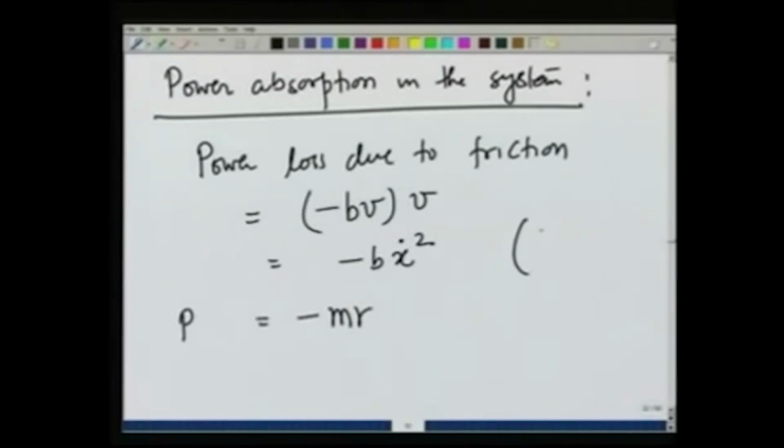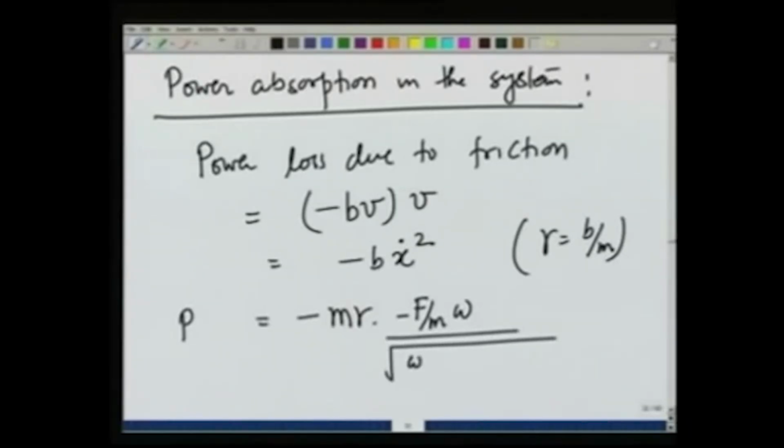Remember, gamma was defined as B over m, times x dot square, which is f over m times omega with a minus sign, divided by square root of omega naught square minus omega square, whole square, plus gamma square omega square, times sine of omega t minus phi, squared. This is the velocity square.